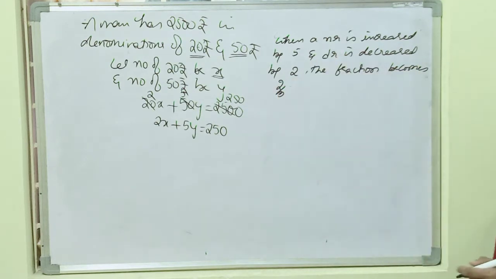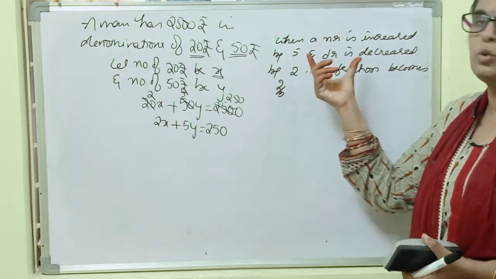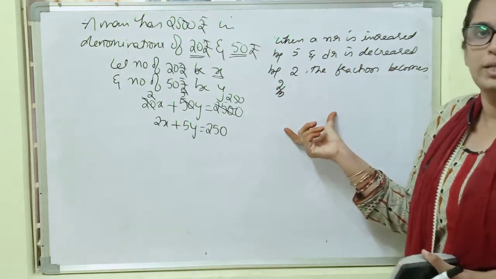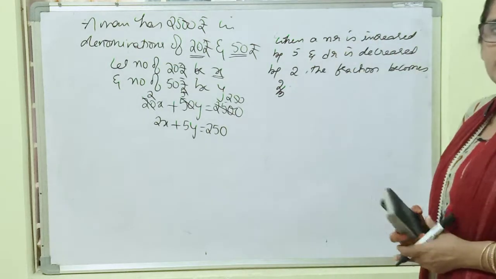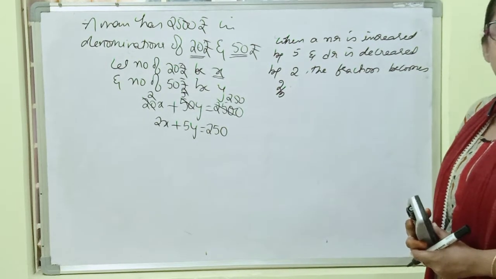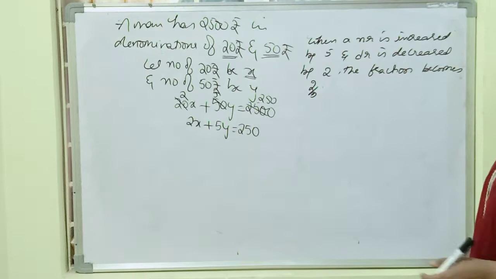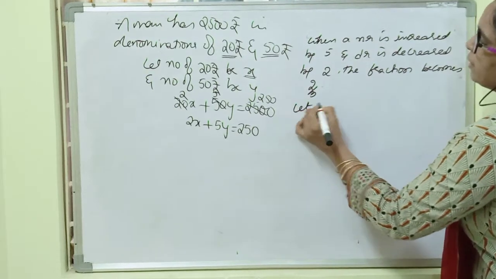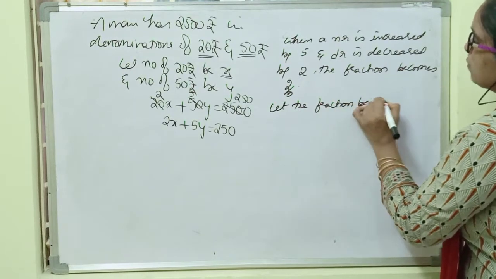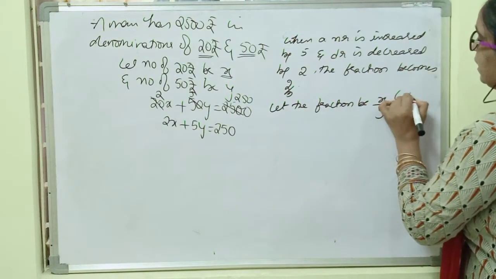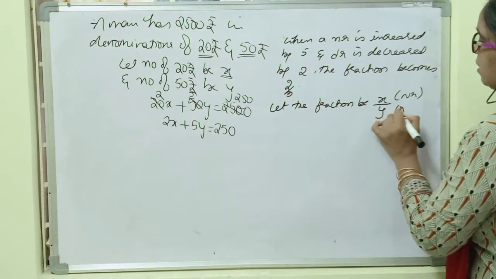Here we are not solving all the problems, we are just seeing how to write the given statements into equations. So numerator and denominator I am talking about. So here we are talking about a fraction. So I don't know what the fraction is, right? So let the fraction be x by y, where my numerator is x and the denominator is y.